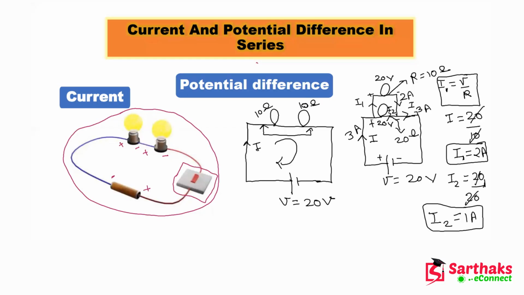If you want to calculate current flowing in bulb 1, then definitely it will be I, and here also it will be I. But if you want to calculate voltage, then definitely it will be different on these two bulbs. This bulb has a different voltage and this bulb also has a different voltage.